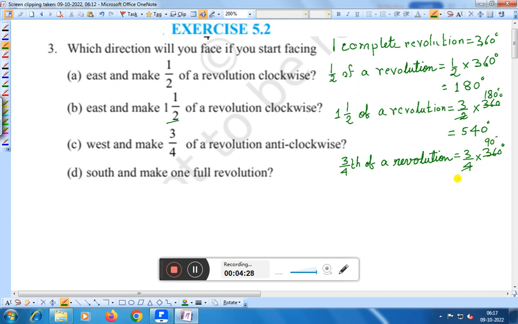That is 3 9 is 27, that is 270 degree, right?